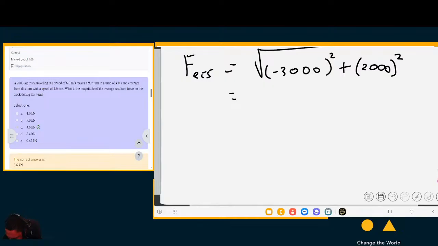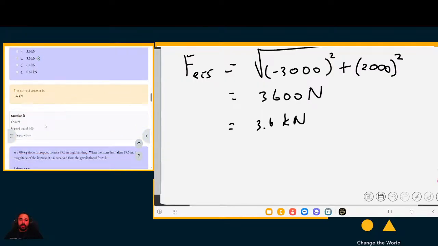That gives us an answer of 3,600 newtons. They only asked us for that. Obviously you can also calculate the direction that this force is traveling, but suffice it to say you can write this as 3.6 kilonewtons, and that is the correct answer.